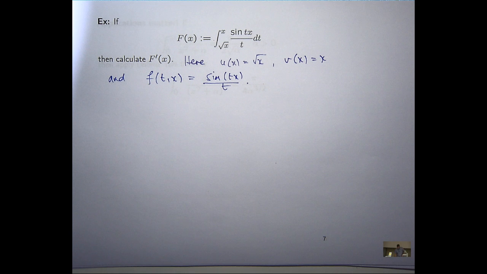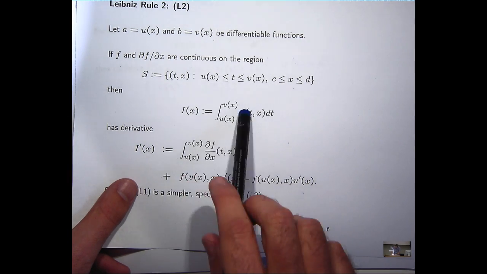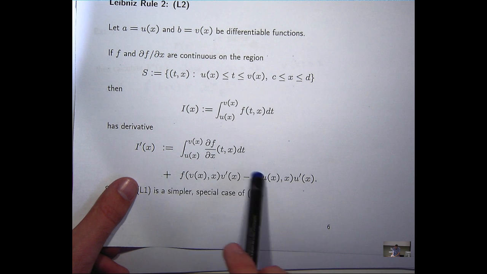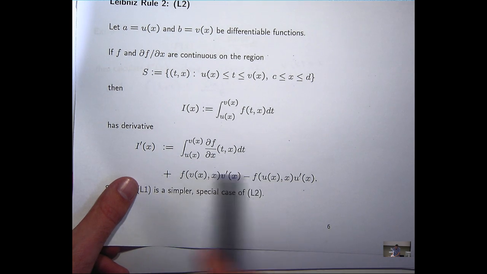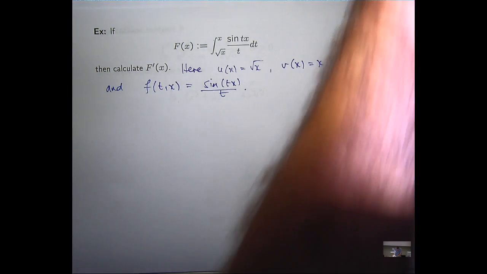So what do we need? Well, to apply this, we just apply d dx here, push that in, and that gives you that term. And we need the derivatives and f evaluated at the upper and lower functions or limits of integration. So let me show you how that works.